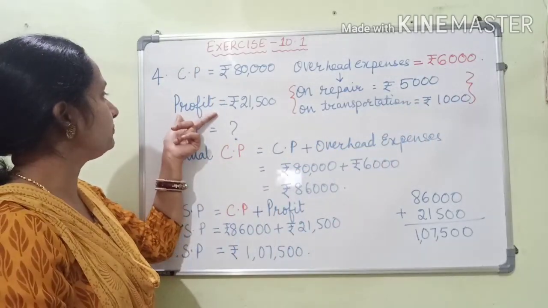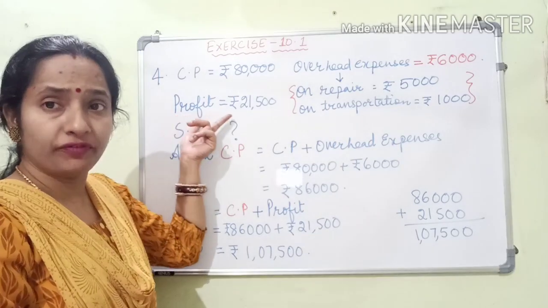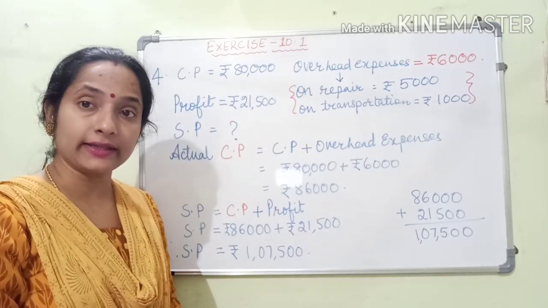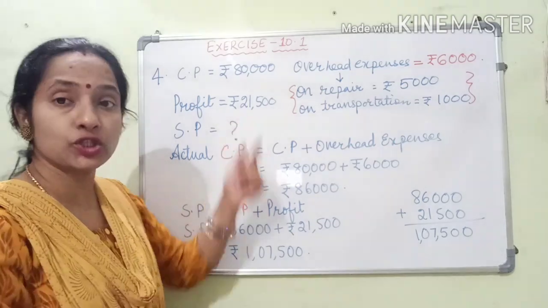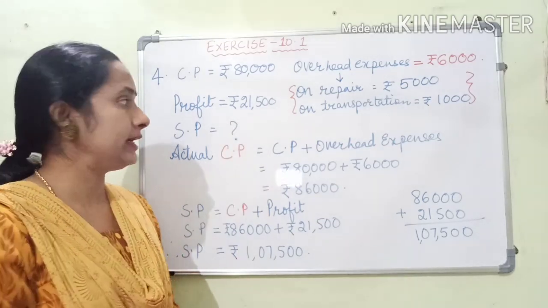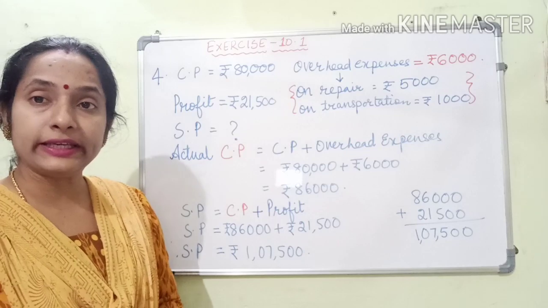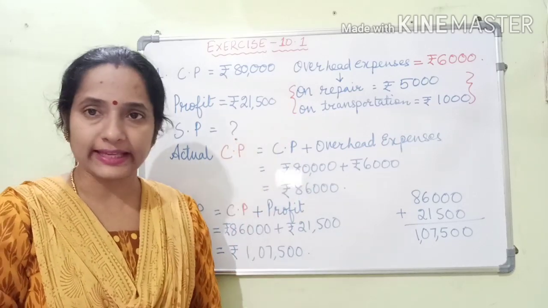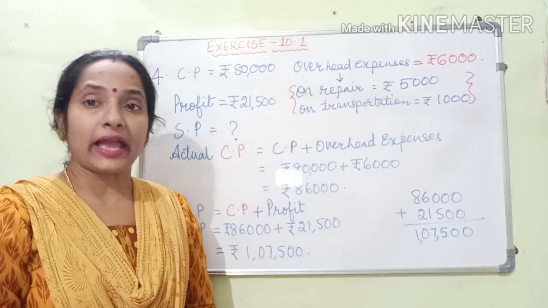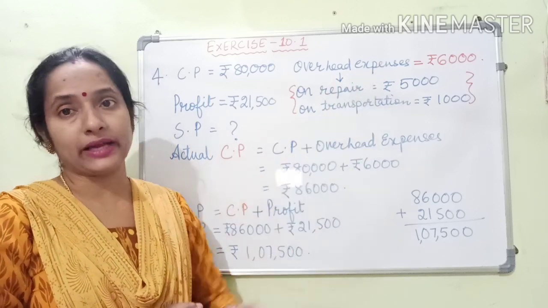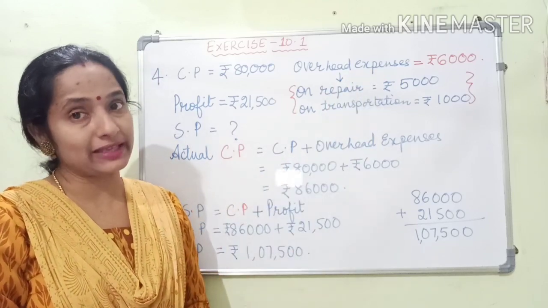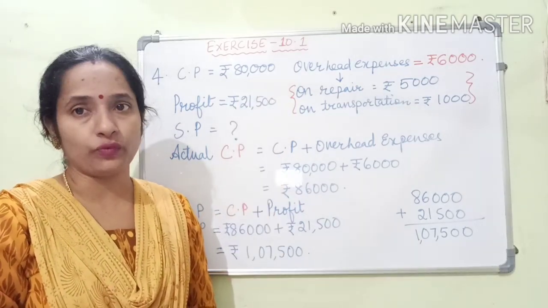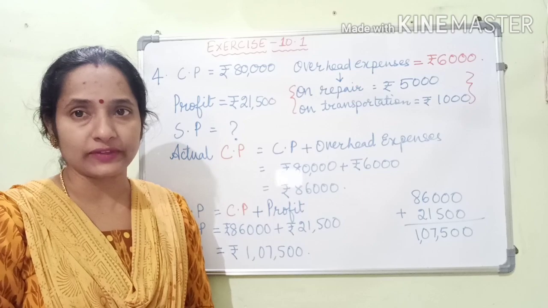Next we have the profit. How much profit he got by selling this second-hand car is given, that is rupees 21,500. We are asked to find the selling price of that second-hand car. As we are given the overhead expenses as well as the cost price, we are required to find the actual cost price of that car.